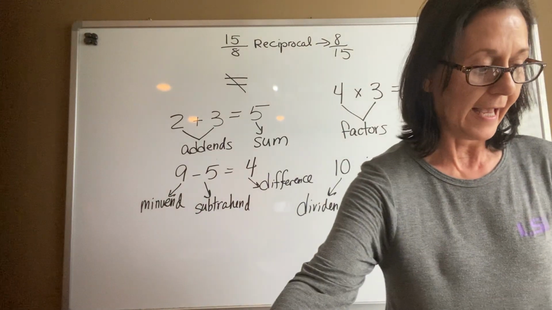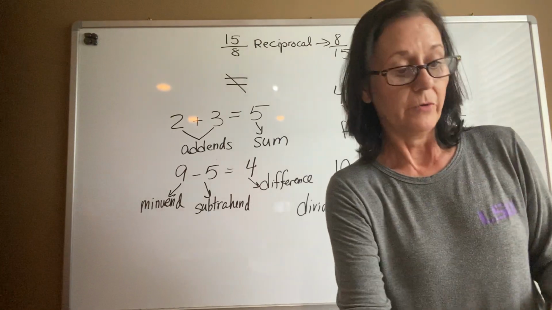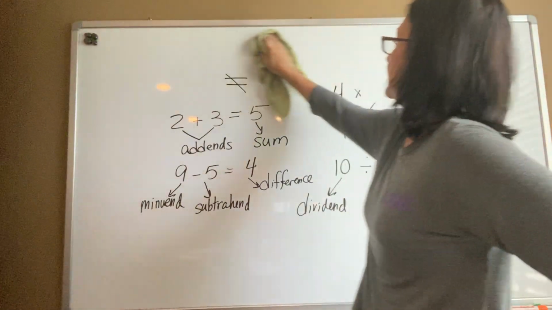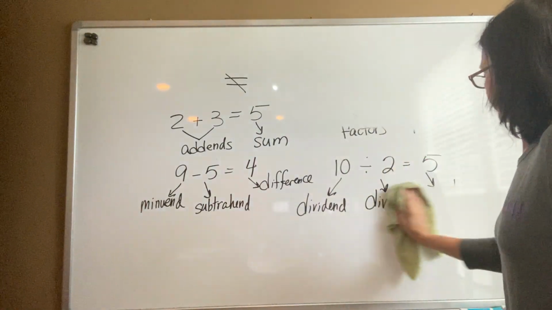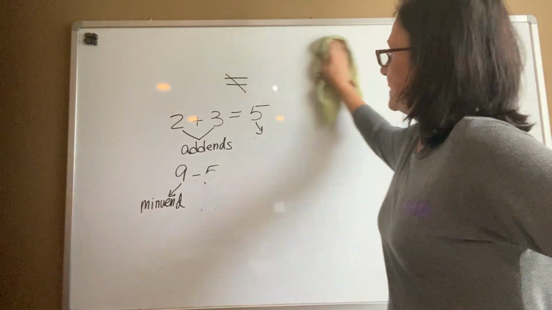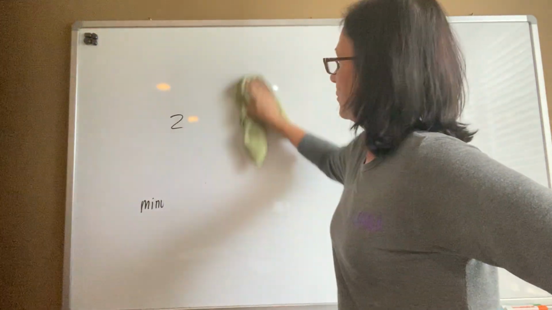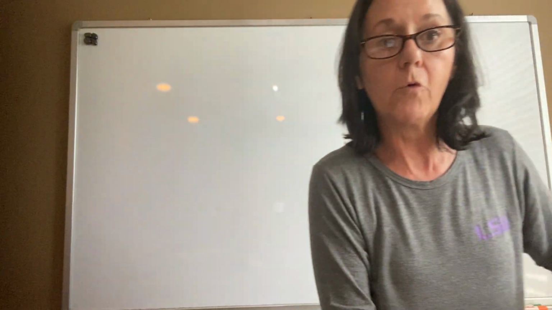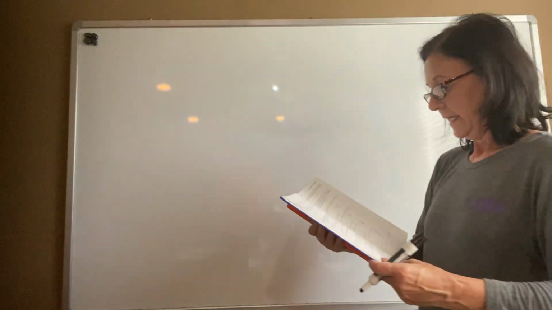All right, now let's review. I'm on page 19. How do we handle decimals? When we multiply, divide, add, and subtract, how do we handle decimals? Look at 4.1.